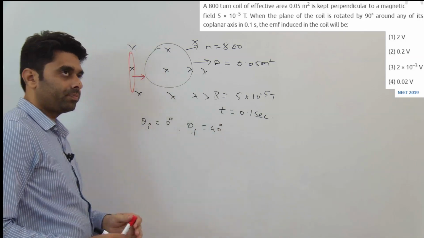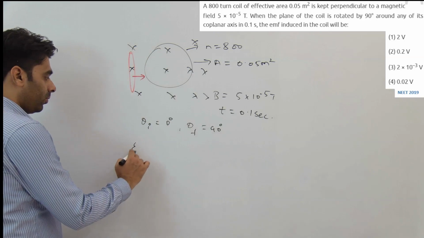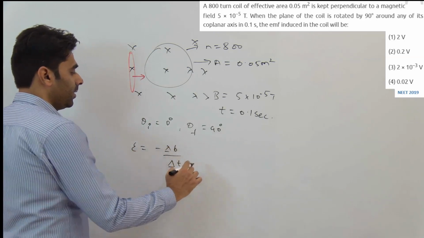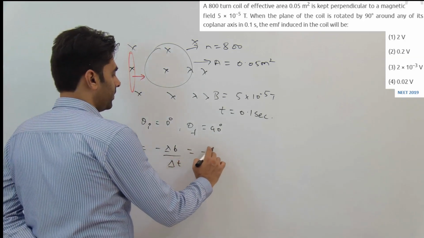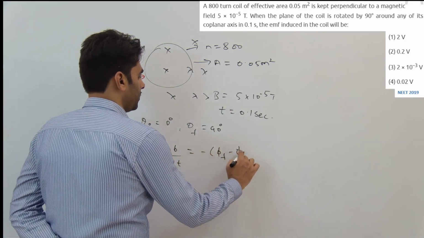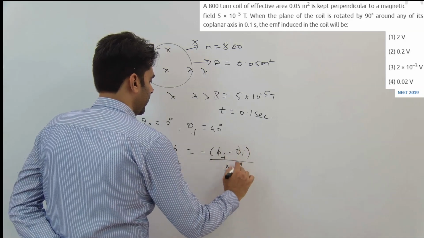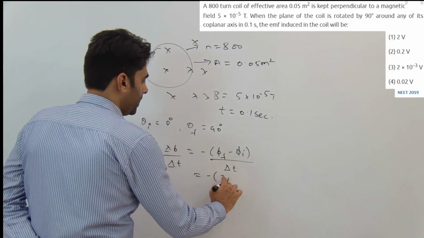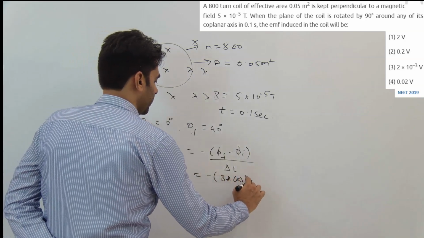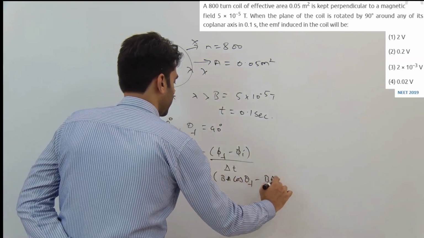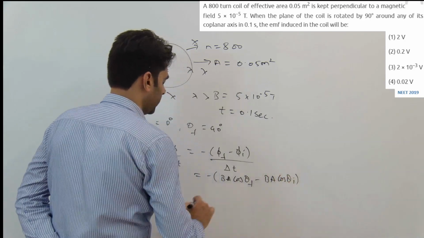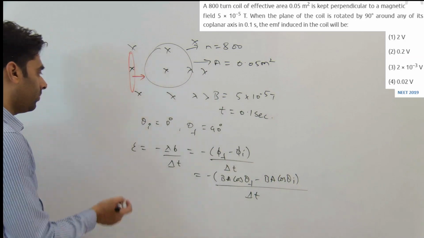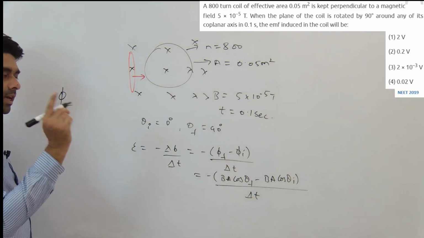Now let us see. So EMF induced, what do we know? EMF is equal to minus delta phi by delta t, which we can write as minus phi final minus phi initial by delta t. If we write it, BA cos theta final minus BA cos theta initial divided by delta t. Because what is changing in your flux BA cos theta?